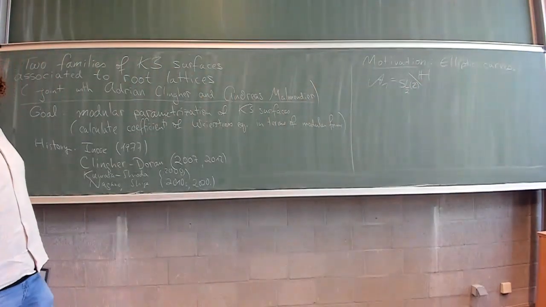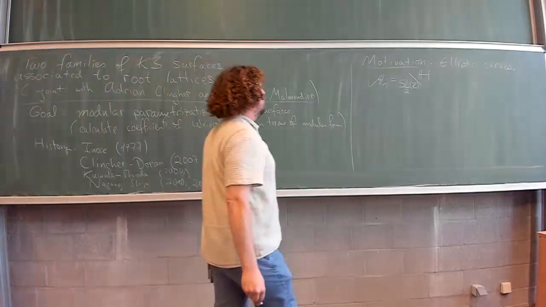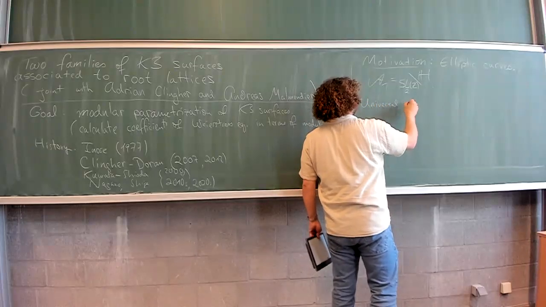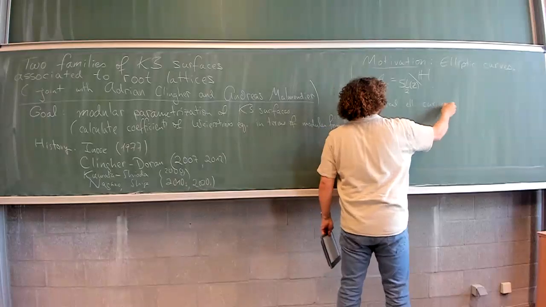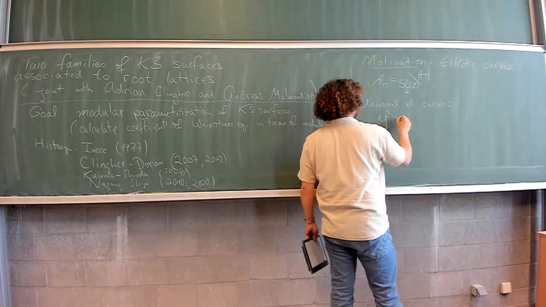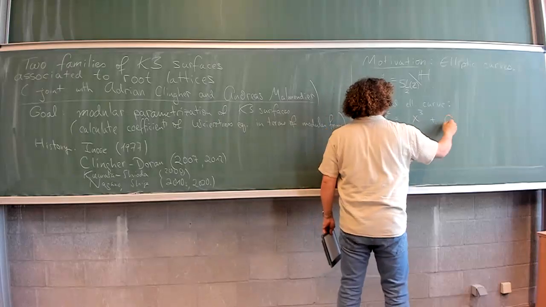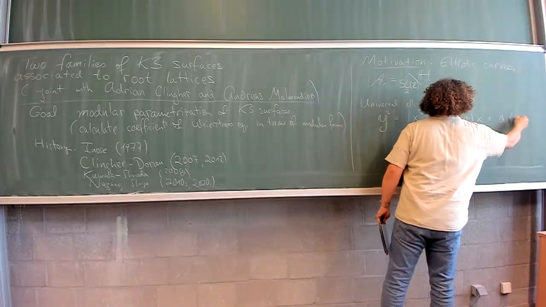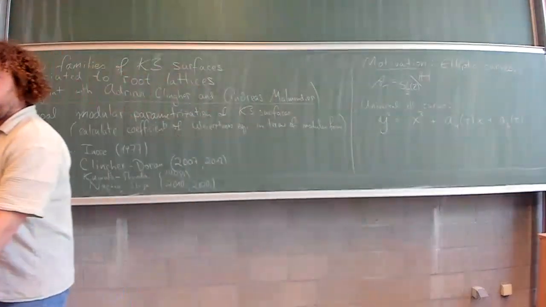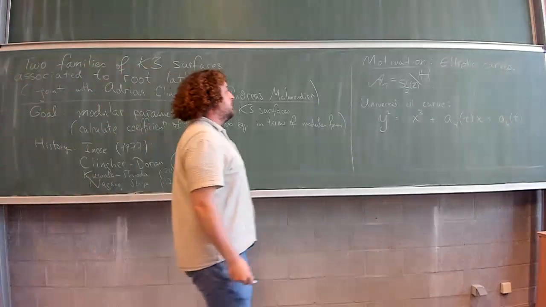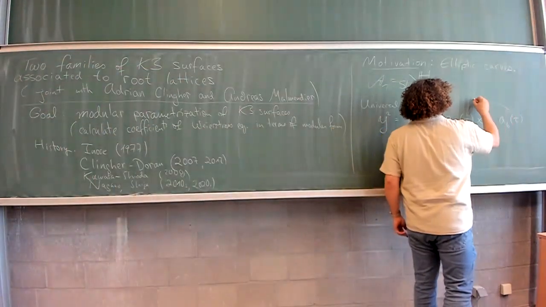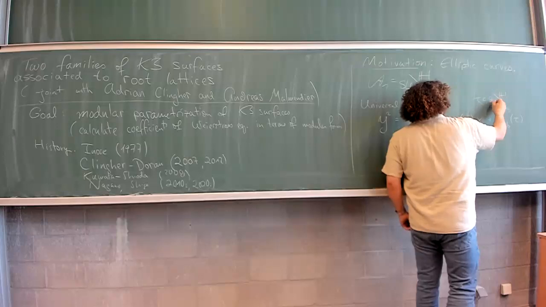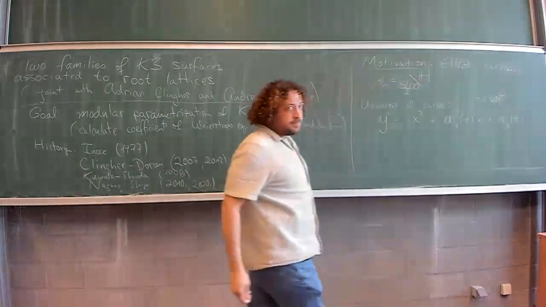And over A1, there's a universal elliptic curve, which we can put into Weierstrass form as follows. A short Weierstrass equation in which the coefficients depend on tau in the upper half plane, but also actually modulo SL2(Z).